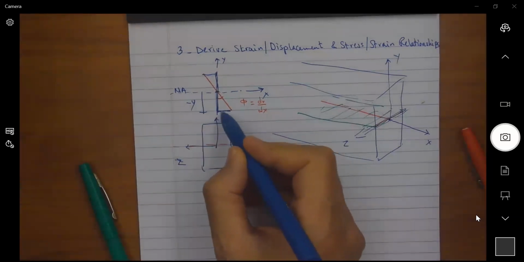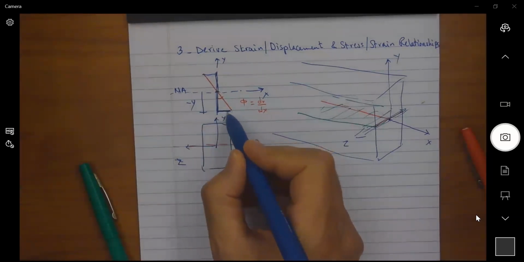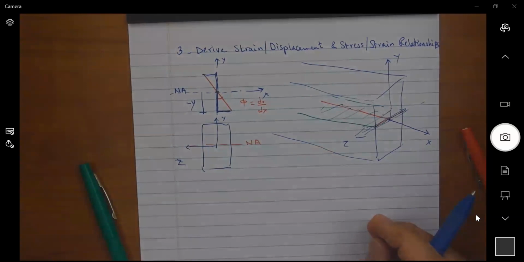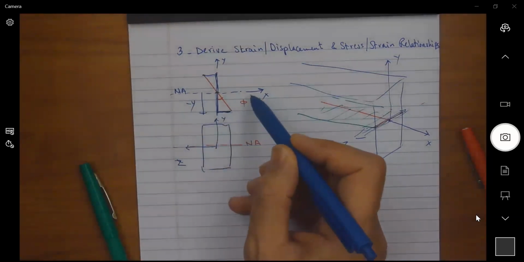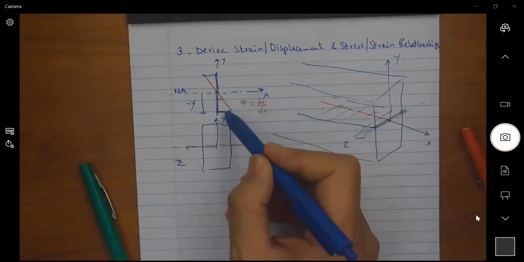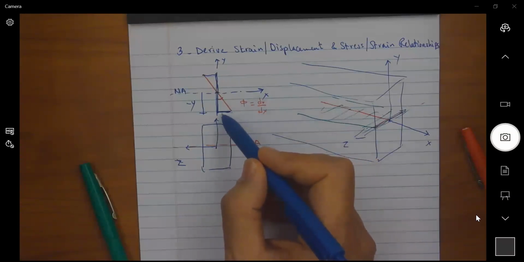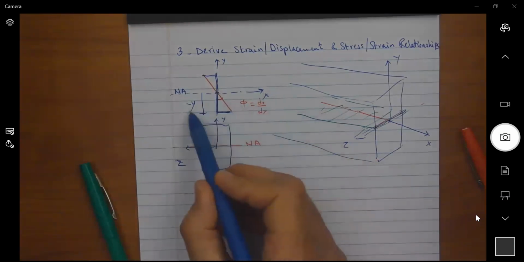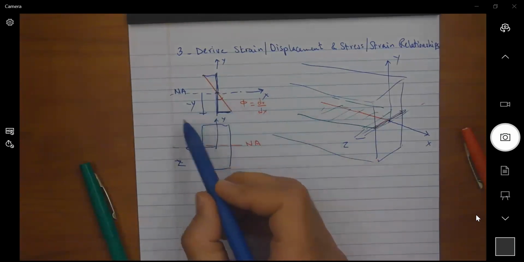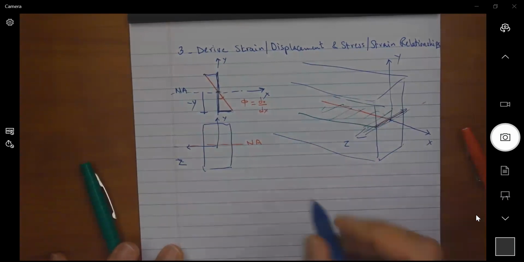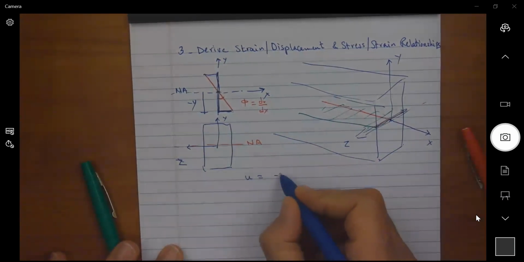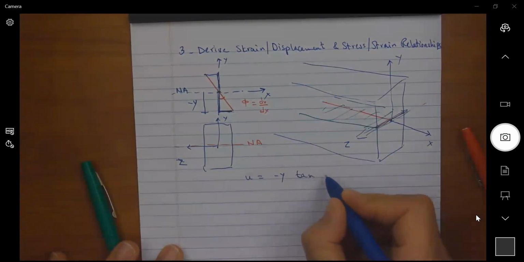So if I consider this as the elongation, if I know this is minus y, and if this angle is very small, this would be equal to minus y tan phi. So I can say here that u is equal to minus y tan phi.